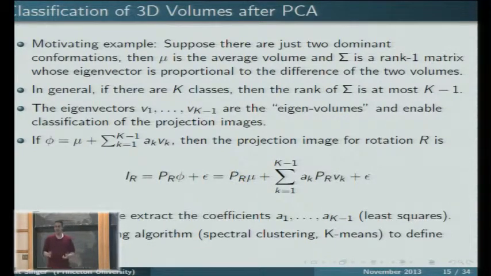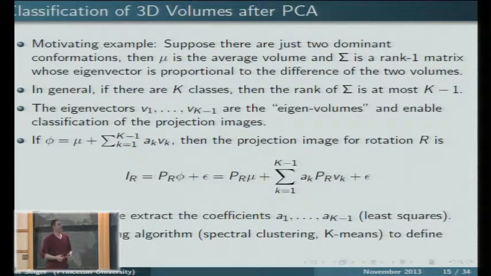So in that case, sigma, the covariance matrix, should be low rank, and the principal component solves the problem. Once I know the mean, the average of the two conformations, and I know their difference, I know the two structures. That's it. We declare victory. And similarly, if you have k conformations, then the number of leading eigenvectors should be k minus 1. There should be only k minus 1 eigenvalues, so it's again a low-rank matrix.